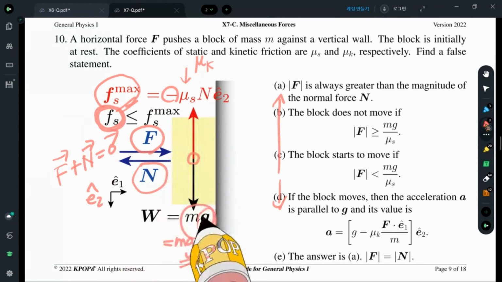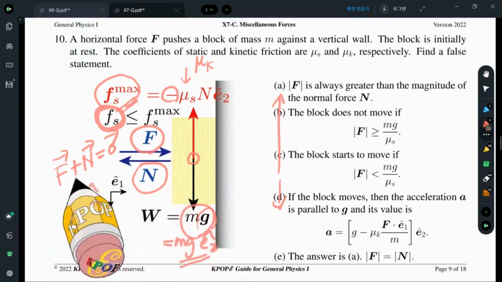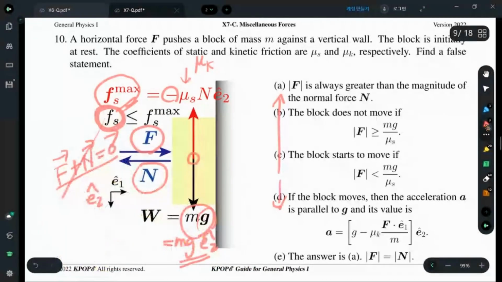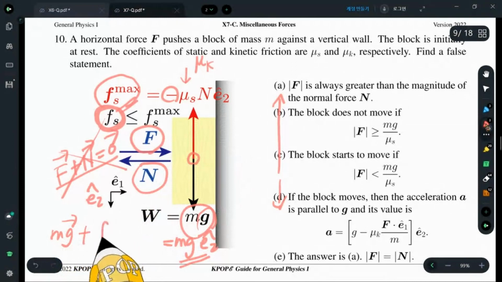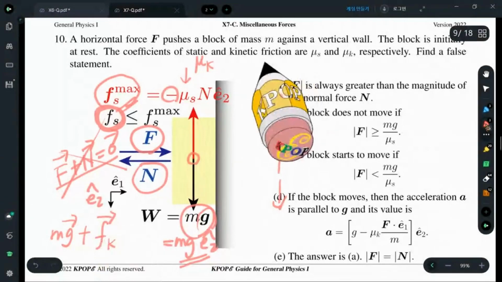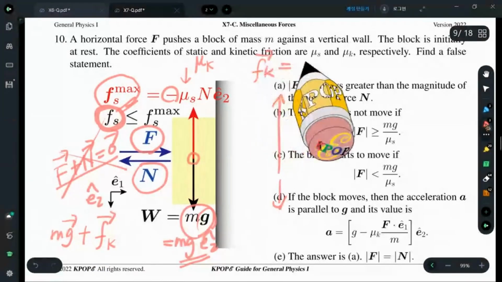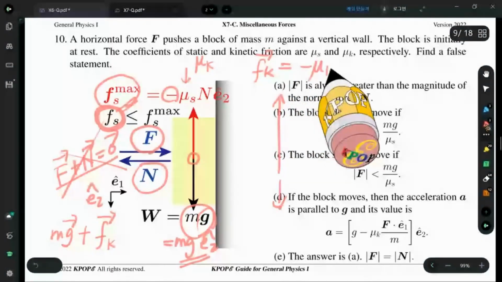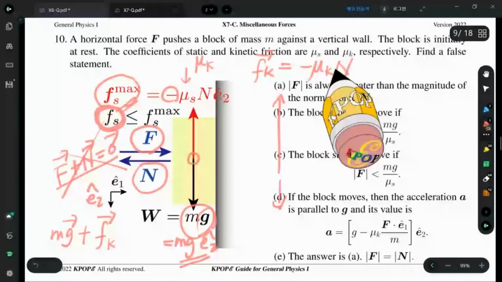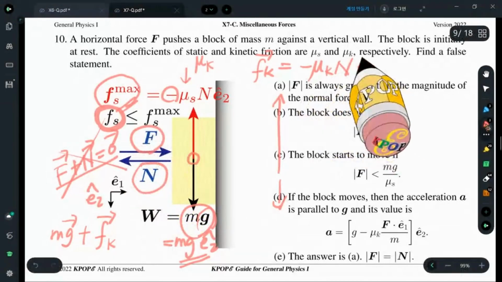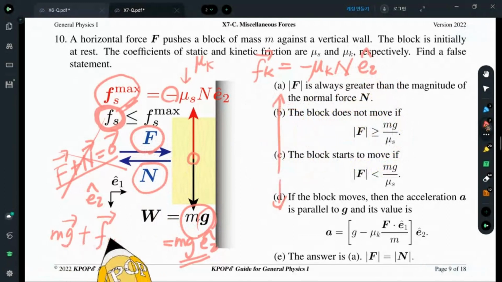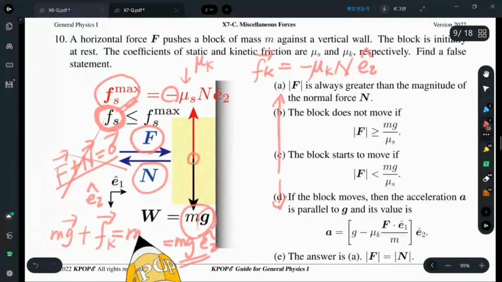So if it slides down, the net force along the horizontal direction cancels, and there is a gravitational force mg, and in case it is moving, f_k vector should be minus mu k N E2 hat, where N is exactly the same as the magnitude of F. If it is moving, then it should be ma.